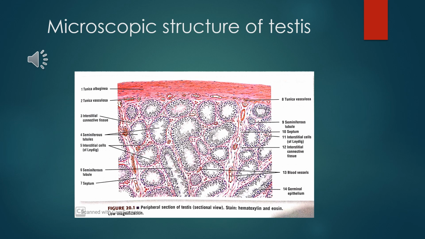Between these tubules, we can see the interstitial connective tissue, which contains blood vessels, lymphatics and nerves. Also, in the connective tissue of the testis, between the lobules, you can see the interstitial cells of Leydig.